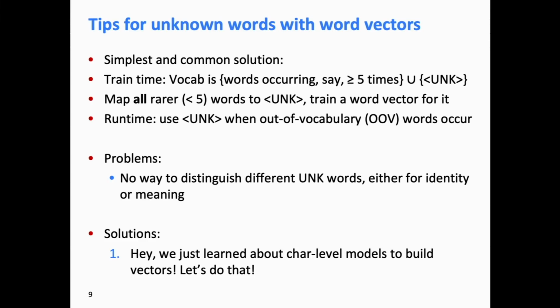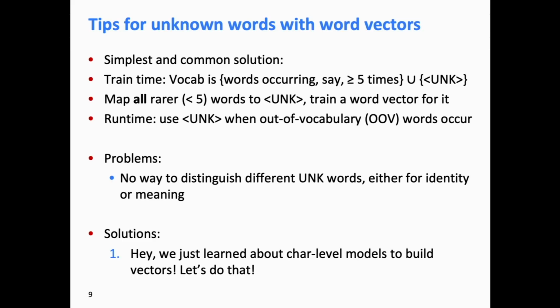For word vectors and unknown words, the commonest thing historically is you've got your supervised training data, you define a vocab, which might be words that occur 5 times or more in your supervised training data, and you treat everything else as an UNK, and so you also train one vector for UNK. But that has some problems, which is you have no way to distinguish different UNK words either for identity or meaning, and that tends to be problematic for question answering systems.